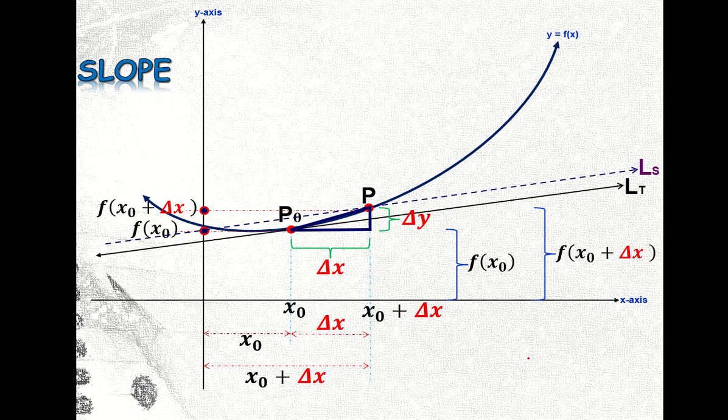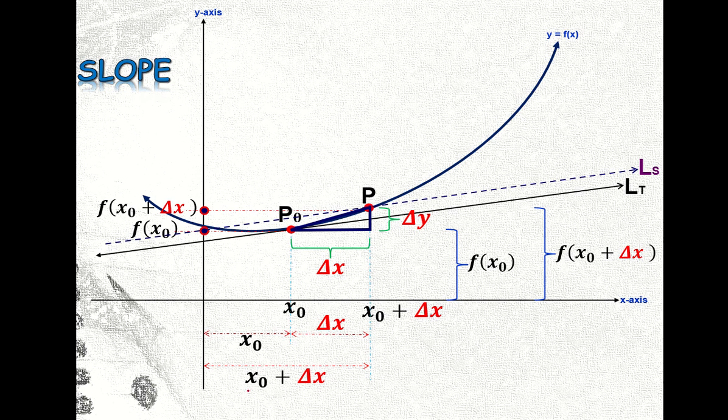For delta x, that is from here to there, meaning the distance from the y-axis towards this point, that is x sub 0 plus delta x. Then the distance from the y-axis to P sub 0, that is x sub 0. So the difference, x sub 0 plus delta x minus x sub 0. So what is left is delta x. So that's why we have delta x here.